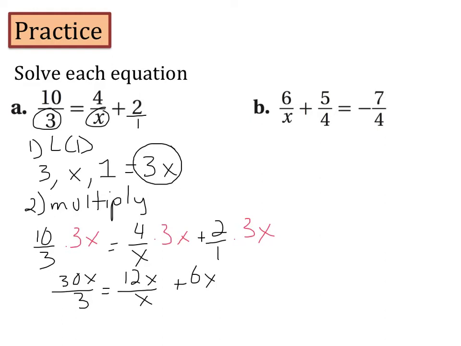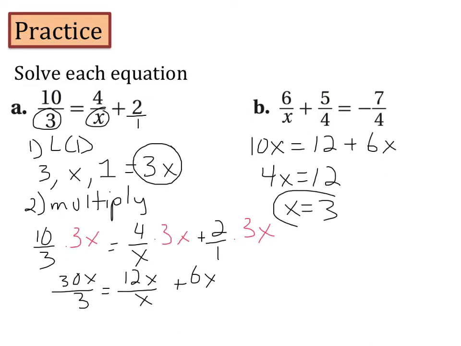I simplify that, and I have 10x equals 12 plus 6x. Can isolate x, and I have 4x equals 12, and x equals 3.